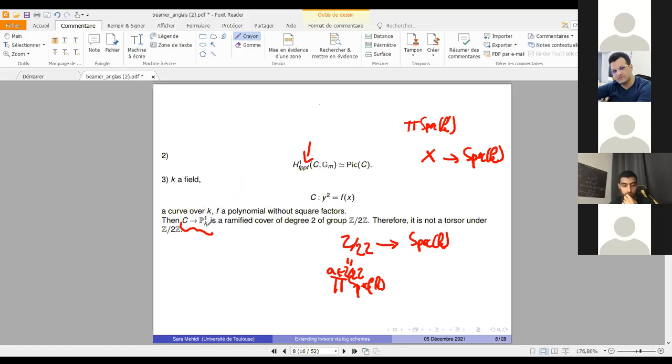So this cannot be a torsor, because as I said, a torsor is locally isomorphic to the trivial torsor. So here I cannot have a ramified map and an unramified group which is acting.